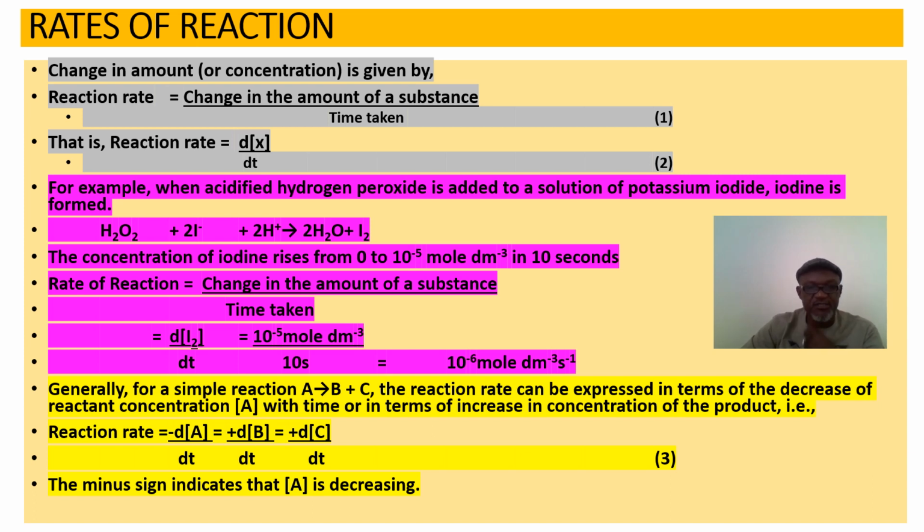But for products, the final concentration will always be higher because at the beginning of the reaction, there won't be any product concentration. So for products, you have positive. That's why you have minus dA/dt, and it's also equal to plus dB/dt, equal to plus dC/dt, where A is the reactant, and B and C are products.